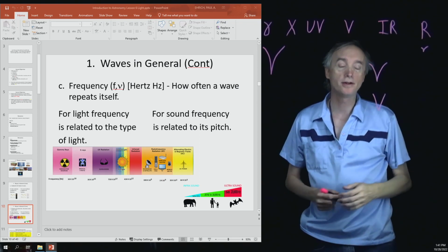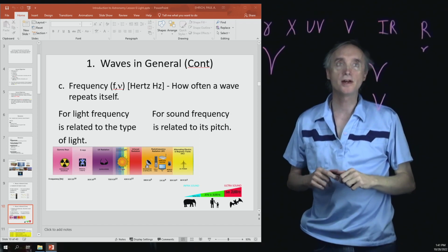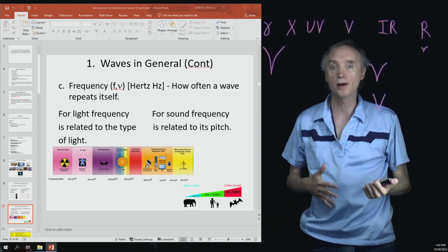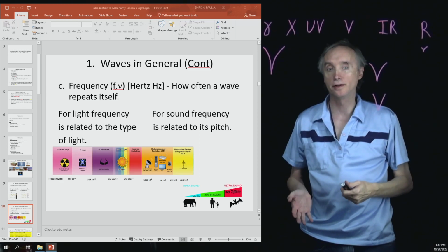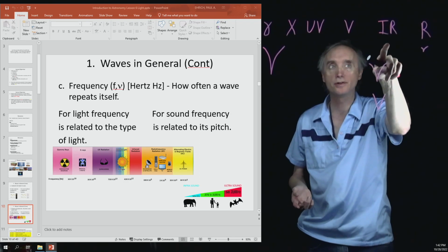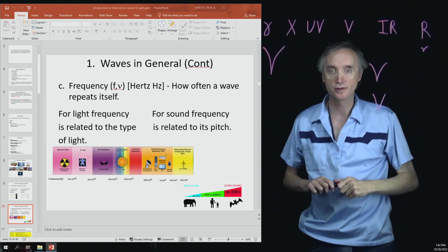So if on an exam I said, which one has a larger frequency, infrared or ultraviolet, you would say the ultraviolet. Compared to infrared, ultraviolet would have the larger frequency.